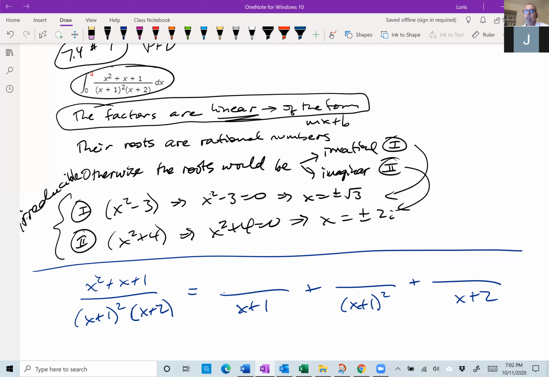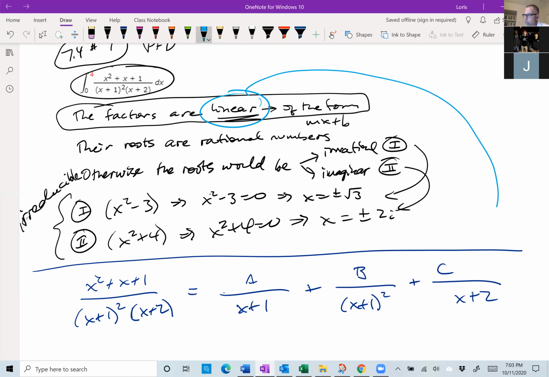You put A, B, C here. This is for linear factors, of this form. A, B, and C are constants.